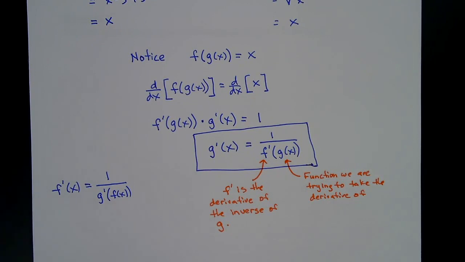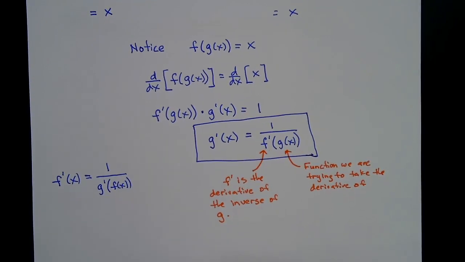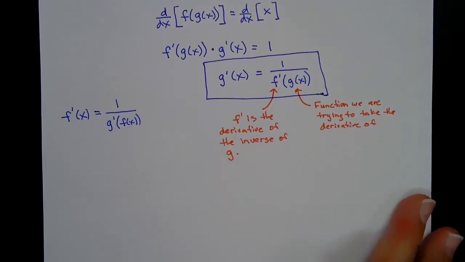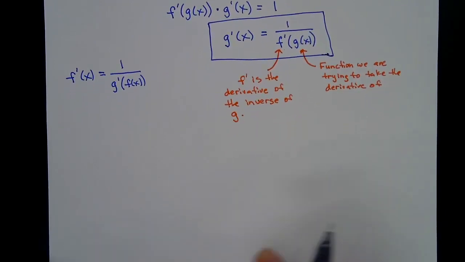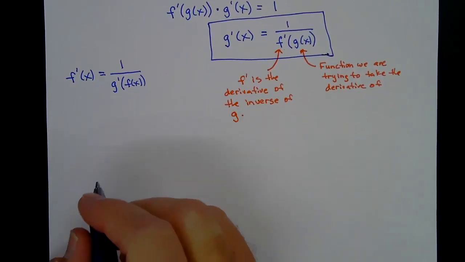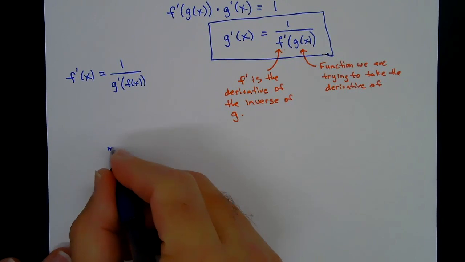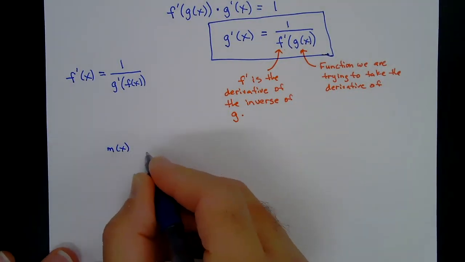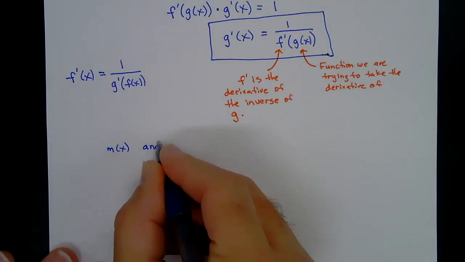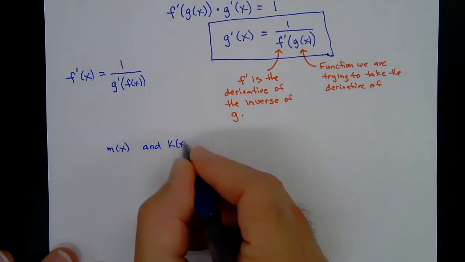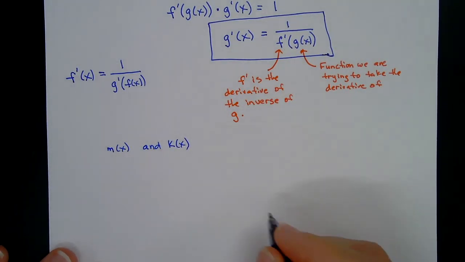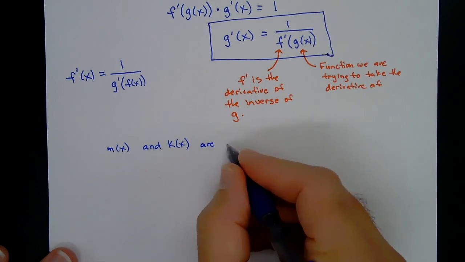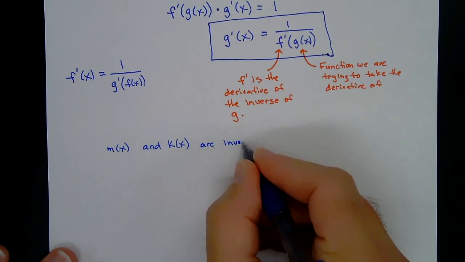All right. So usually I have everybody tell me this, but here I can't do it. M of x and k of x, two functions that are inverse functions.